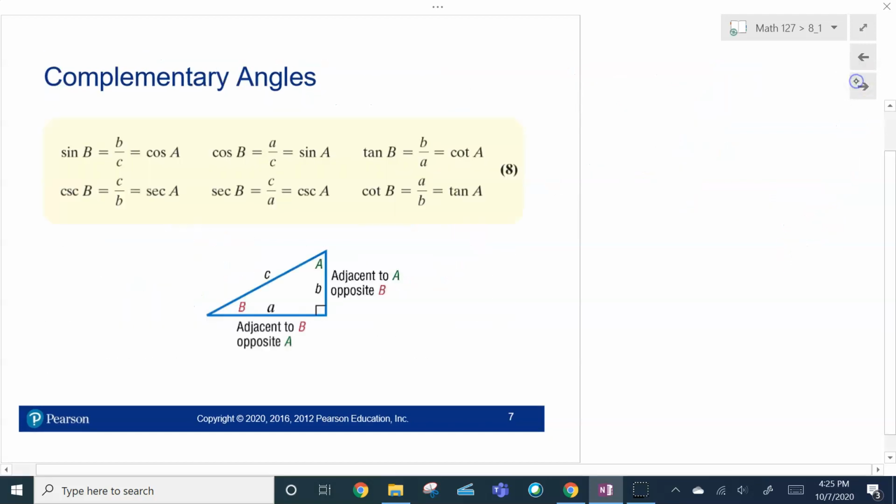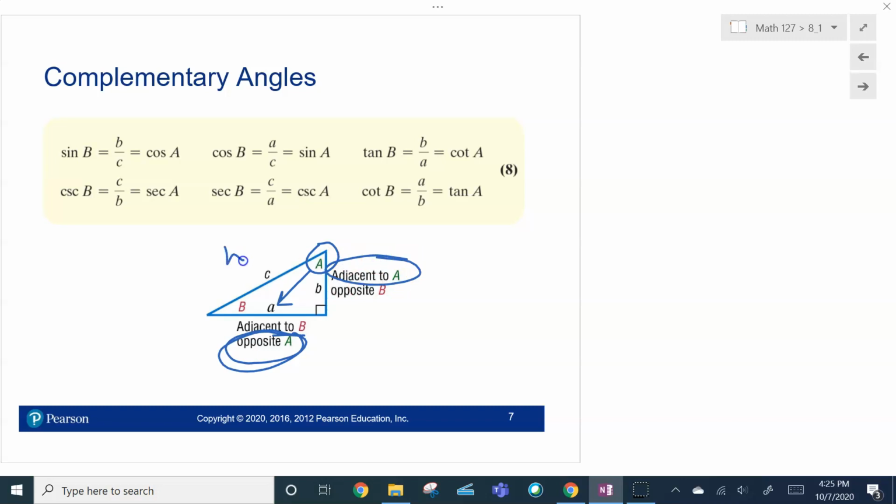Okay. All right, complementary angles. So if you're looking at angle A, its opposite side, lowercase a, its opposite side would be down there. So its adjacent side would be right next to it. And of course, this is always your hypotenuse, right?